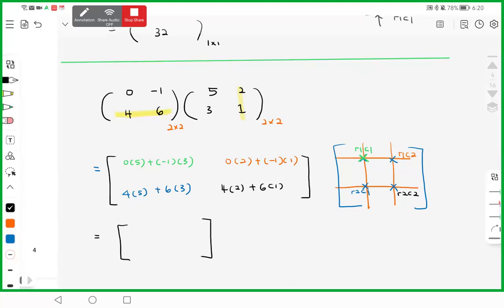Can follow? Everyone can follow or not? So this is the final answer.